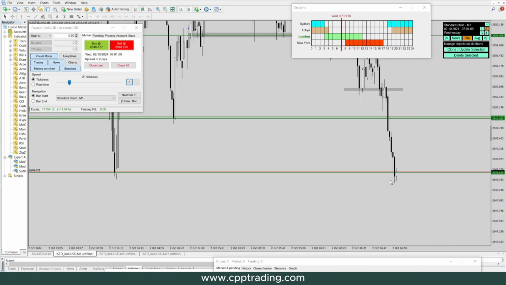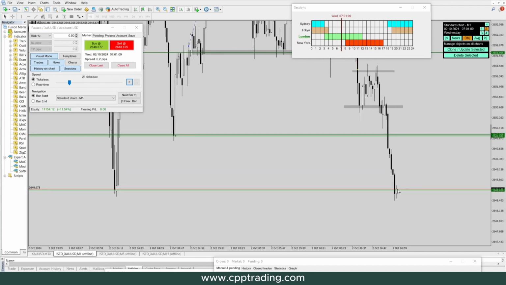Already had a huge drop in the market, moved down, see how many pips, about 22 pips without a pullback, without any sort of consolidation. So the probability is very high that there's going to be a pullback or a consolidation. So you have to secure some of your unrealized profits over here.